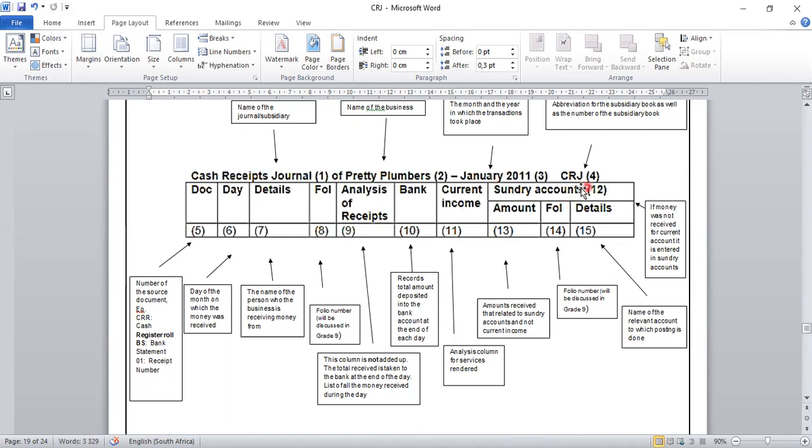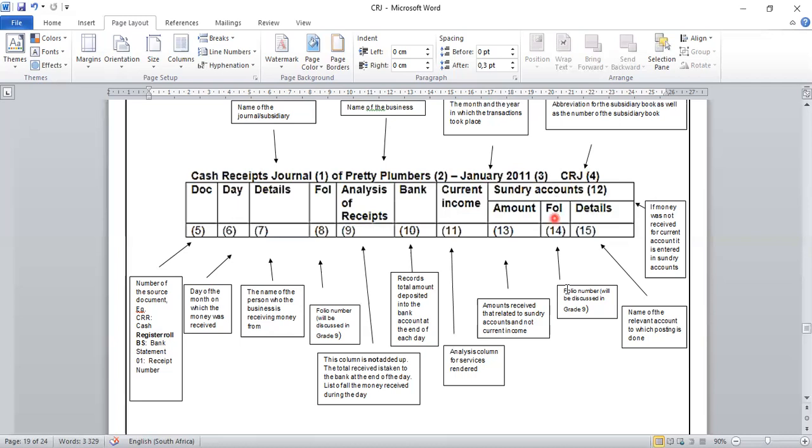Our sundry accounts column, if money was not received for current income, it is entered in the sundry accounts column. So if money is not received for services, if money is received for any other income besides services, then it is recorded in the sundry accounts column. The amounts column records the amounts received that relate to sundry accounts and not current income.